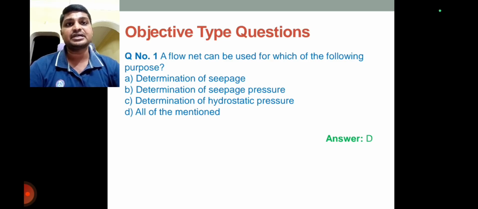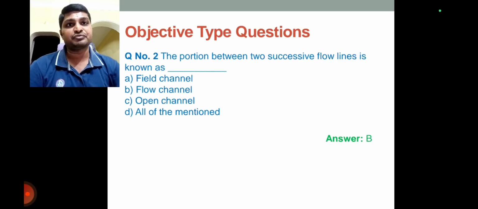The answer is D, all of the mentioned. Then the next one: the portion between two successive flow lines is known as what? We know the portion between two adjacent flow lines is called a flow channel. So the answer is B.